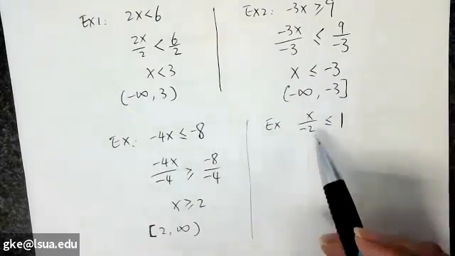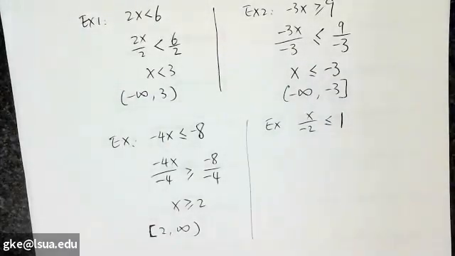Here it is negative 2, so just multiply by negative 2 on both sides, right? That's what we did before: if there's a fraction, we multiply both sides by the least common multiple. Just multiply by negative 2 on both sides, and be careful. Here it's a negative 2, right?